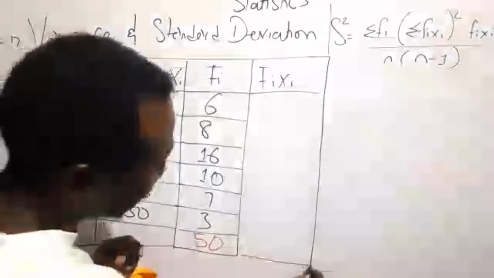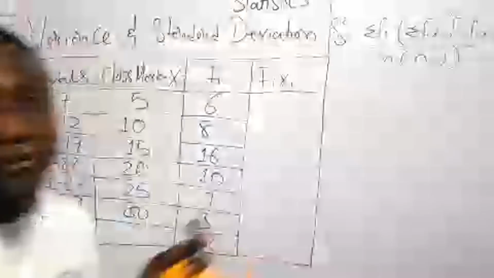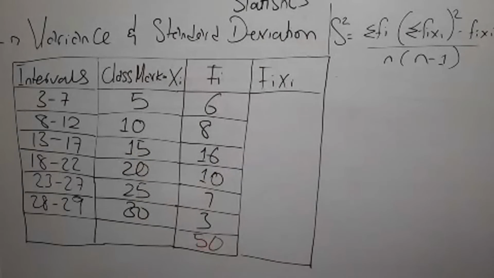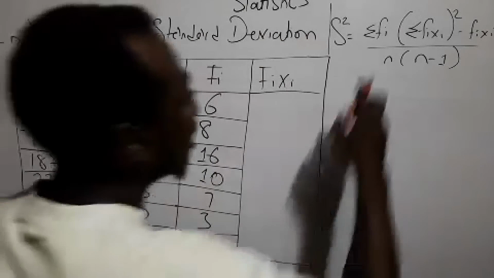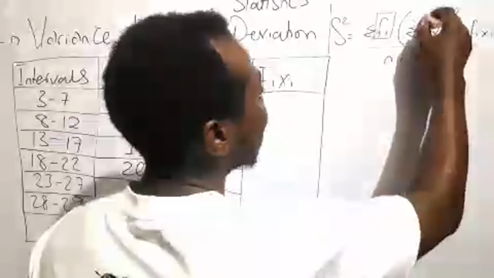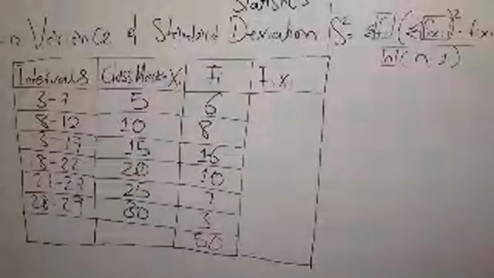Don't forget in our formula we have something that looks like that. In our formula, we have been able to solve for Fi, but we are yet to solve for this, raised to the power of 2. But basically, let's solve for this. We'll get to find out what n is as well.